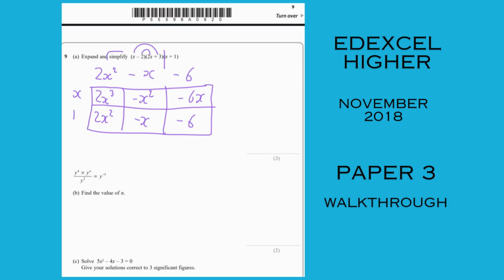Now let's simplify. So we've got 2x cubed. There's our squareds. 2x squared, take away 1x squared, leaves us with 1x squared, minus 6x minus 1x. We're in bigger debt of x, minus 7, and the numbers get plugged in on the end.